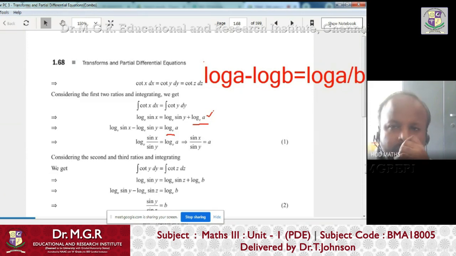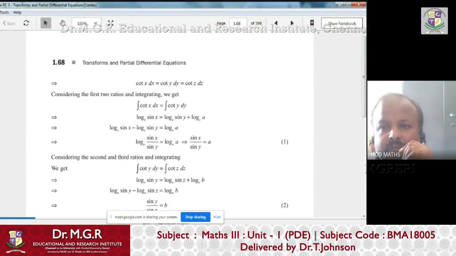I think you know this. So log sin x minus log sin y can be written as log of sin x by sin y. And this side, log a as it is.